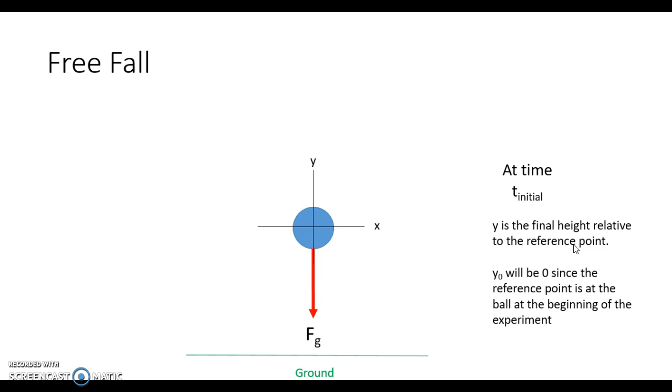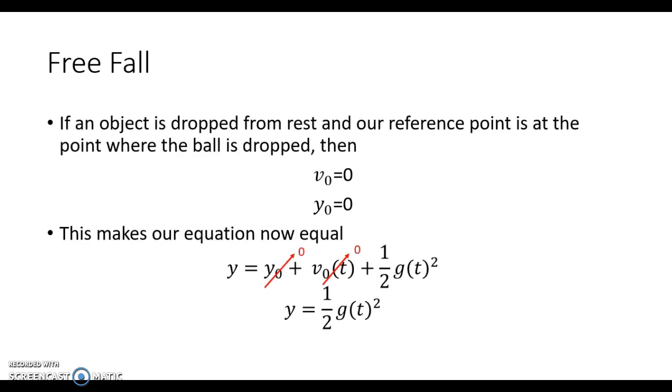So now, given a scenario like this, if we were to look at the kinematic equation that we started off with, if an object is dropped from rest and our reference point is at the point where the ball is dropped, which is what we had in the previous slide, then we can say that v sub 0 is equal to 0 because it's starting from rest.